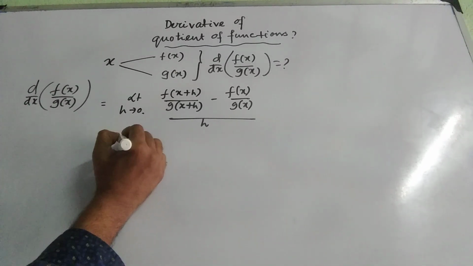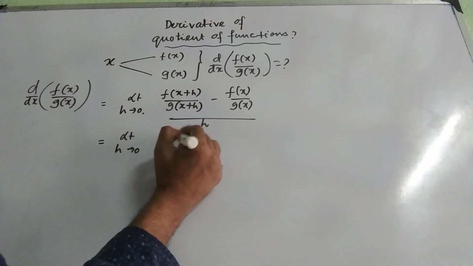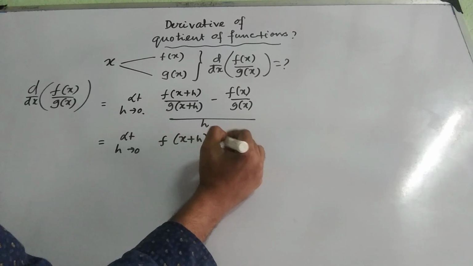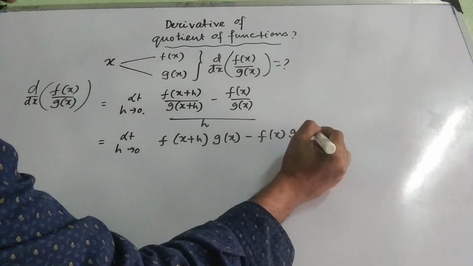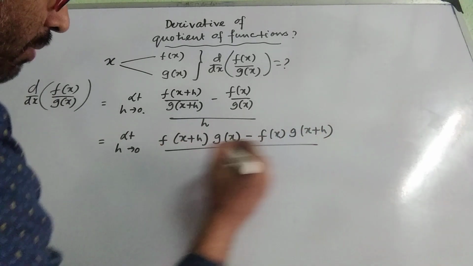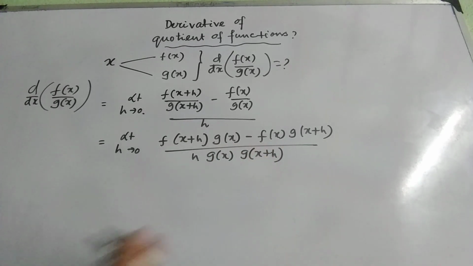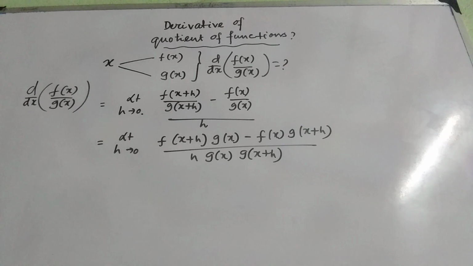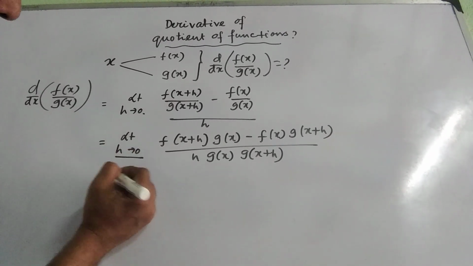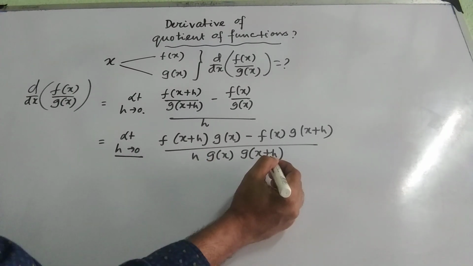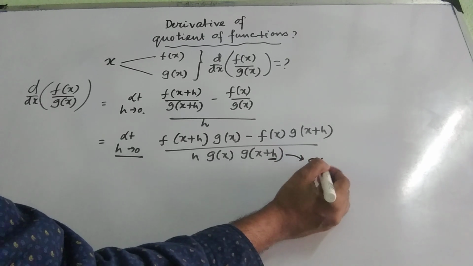So it comes to the limit as h tends to 0. If we cross multiply in the numerator, it comes to f(x+h) times g(x) minus f(x) times g(x+h), divided by h times g(x) times g(x+h). This is a simple fraction subtraction. Since h tends to 0, I can place the value of h as 0, so g(x+h) automatically becomes g(x).